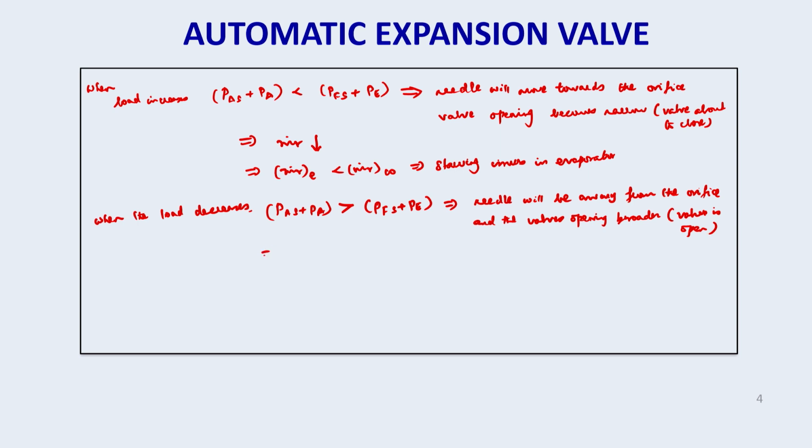Under this condition, more refrigerant flows to the evaporator from the expansion device. So, the refrigerant mass flow rate increases. This means the mass flow rate of the refrigerant in the evaporator, capital E is evaporator, is more than the mass flow rate of the refrigerant in the compressor.